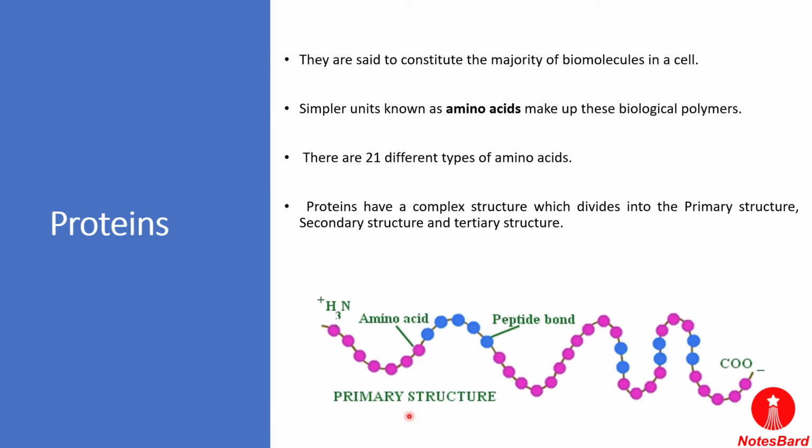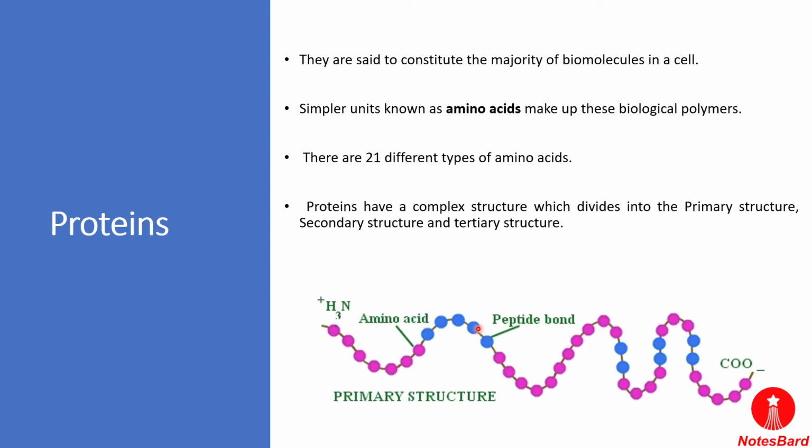The protein has four structures, that is primary, secondary, tertiary, and quaternary. But here we are depicting the primary structure just to understand the basics, that protein is a part of biomacromolecules. And there are about 21 types of amino acids.